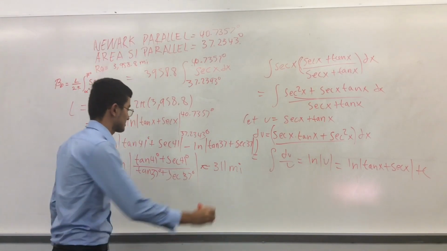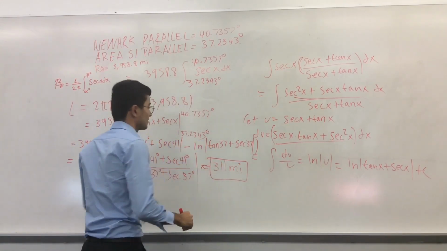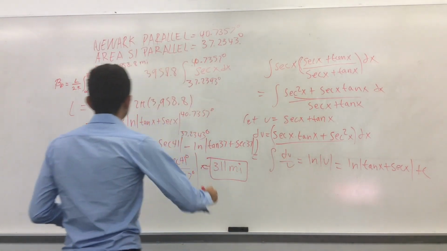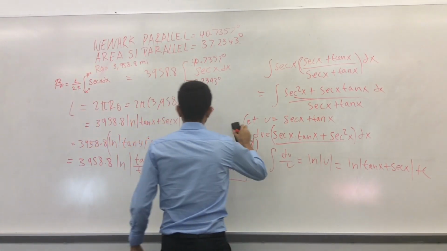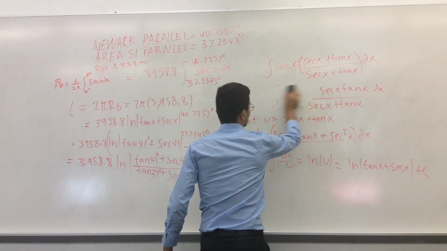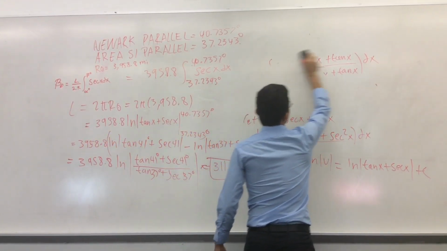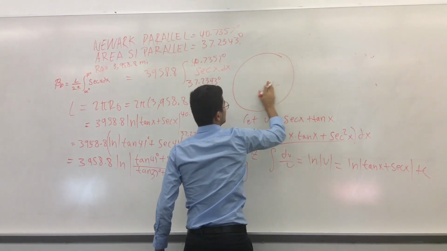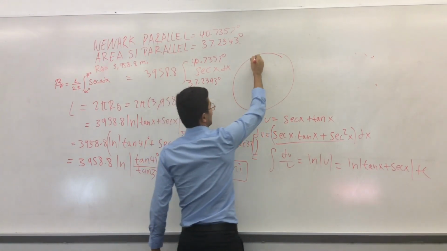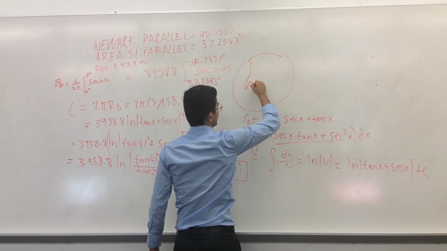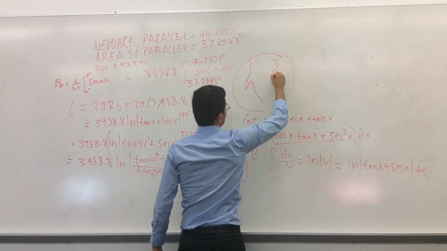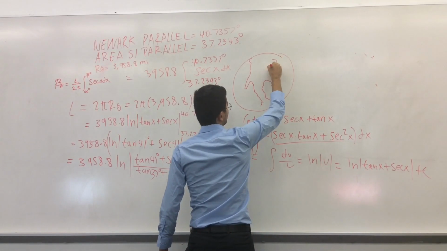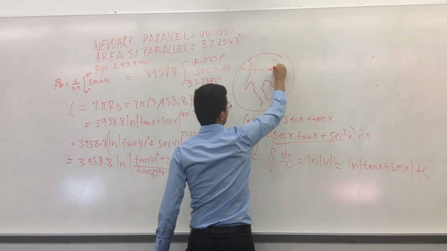So that means if you want to get to the 37th parallel, which is Area 51's parallel, you're going to have to travel 311 miles down. This is a very bad drawing of the Earth, and suppose this is America, and this is Newark over here, which is the 40th parallel.